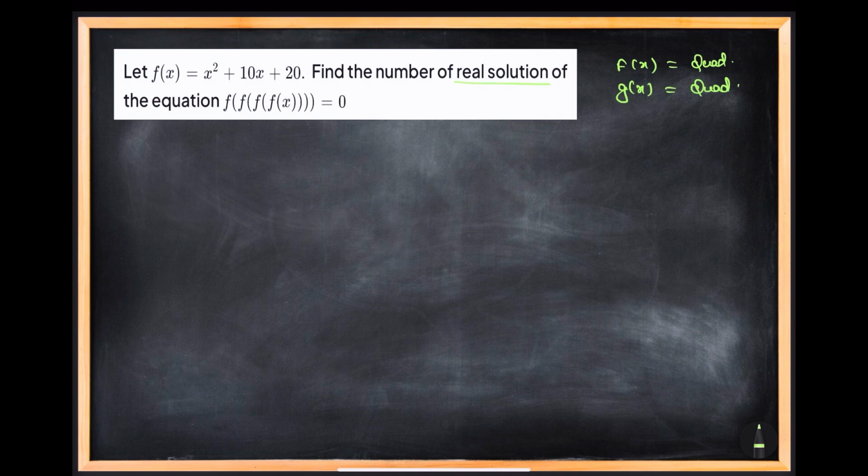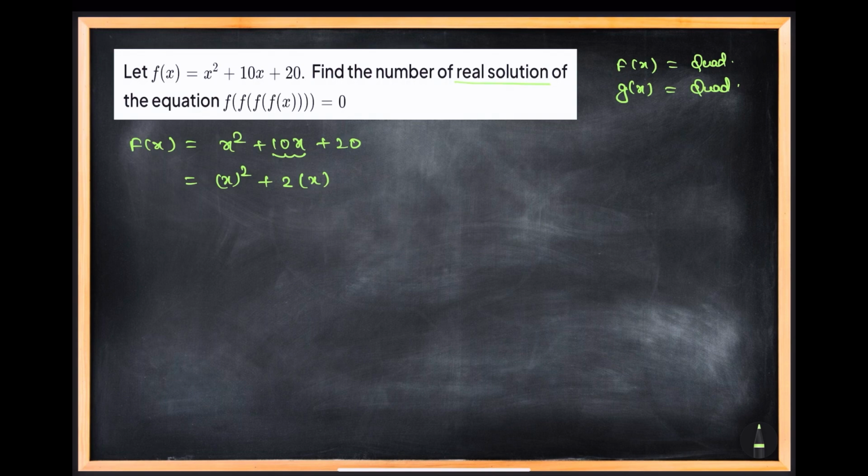So my point is, we got f of x as x square plus 10x plus 20, and I have to find the root of this function, but I'll find it in some other way. Suppose that it is a square, this is going to become 2ab, so 2 is 2, a we have taken as x.